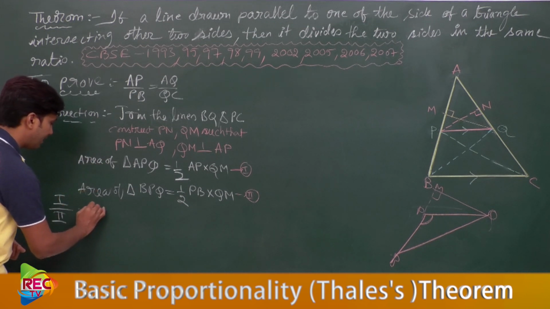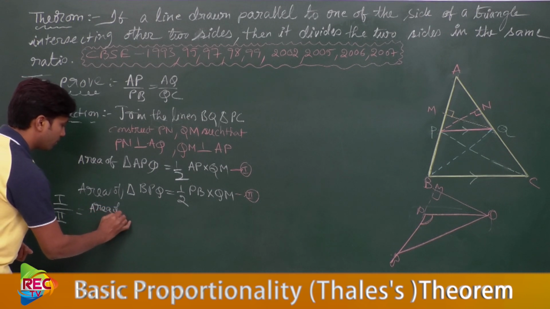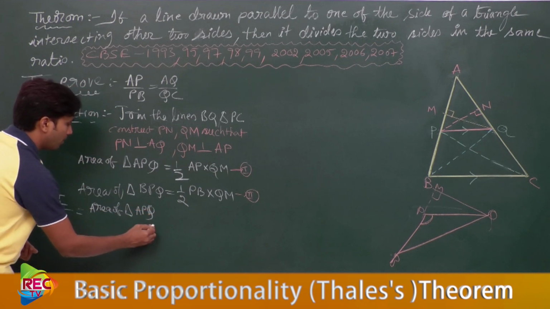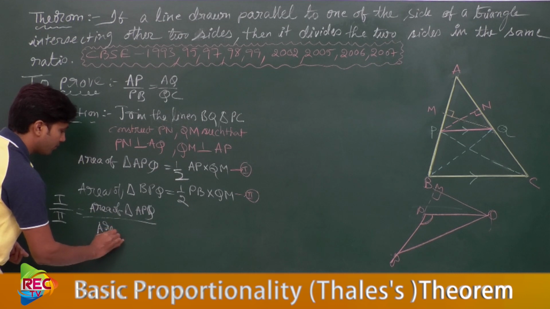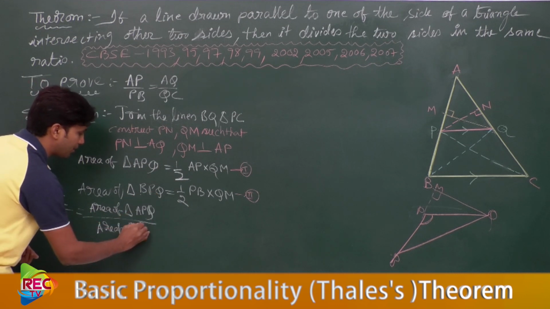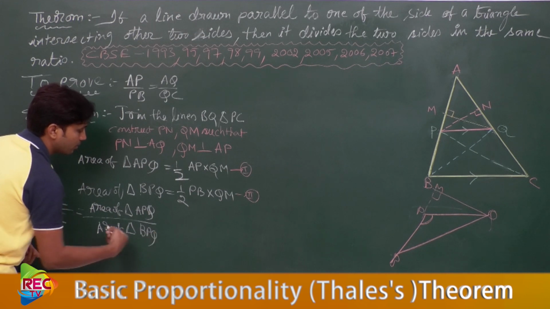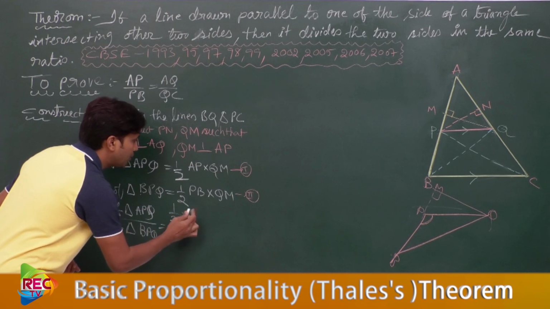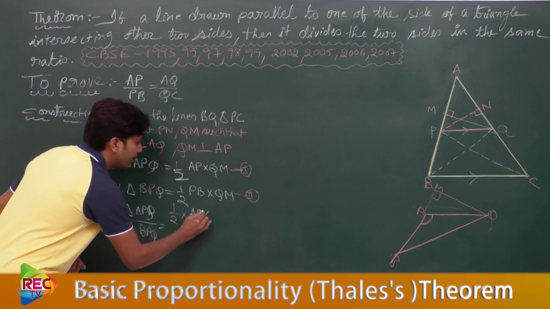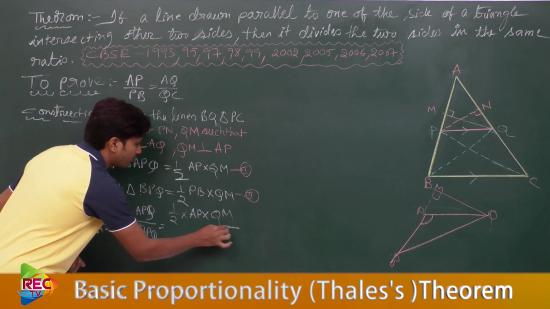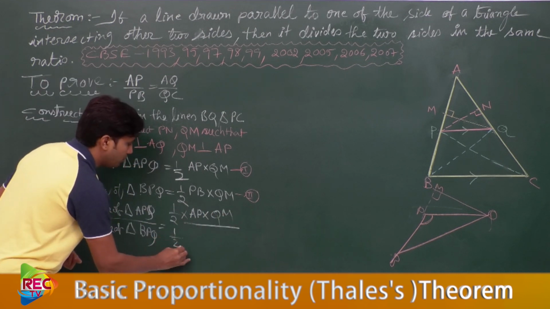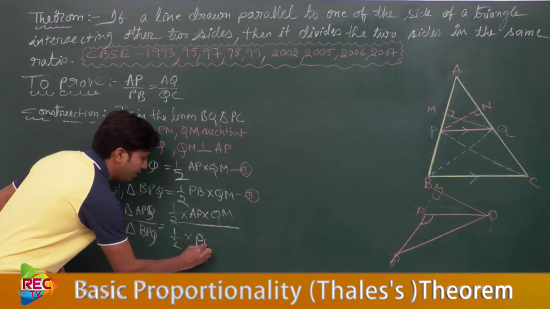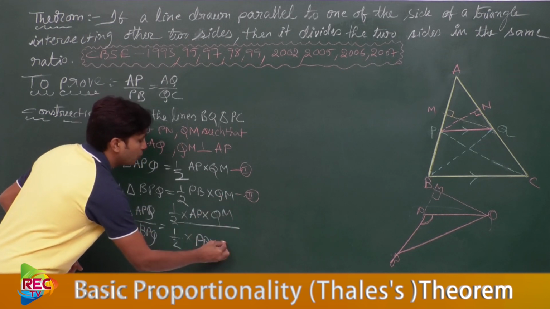What do we get here? Area of triangle APQ by area of triangle BPQ equals, dividing the RHS parts also, half into AP into QM by half into PB into QM.